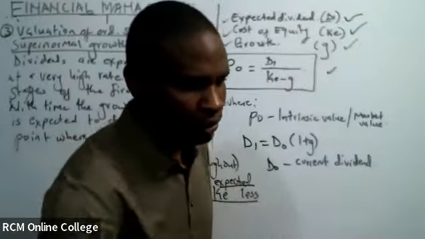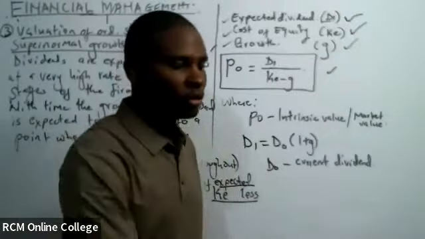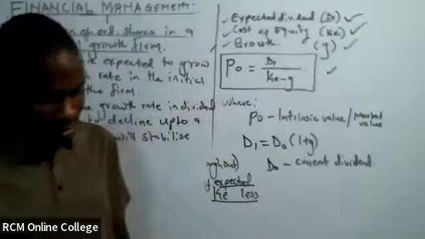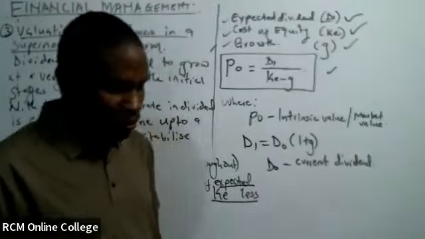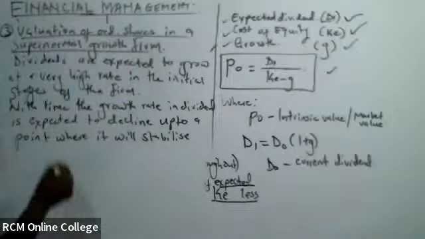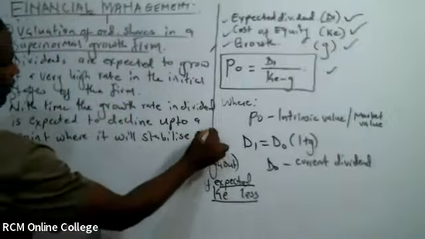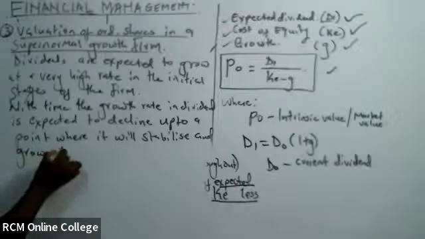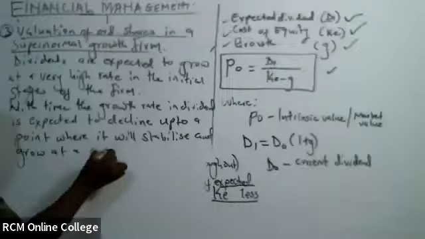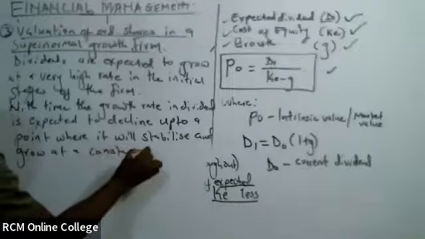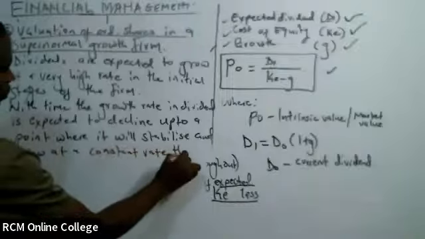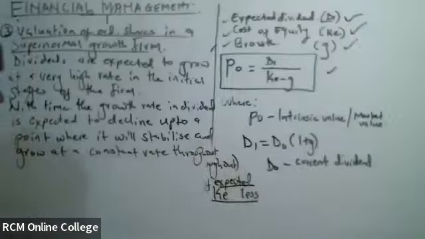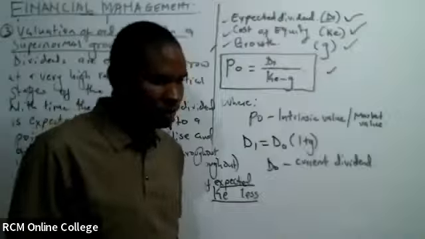Then it goes to a stable growth. Up to a point where it will stabilize and dividend will grow at a constant rate throughout.